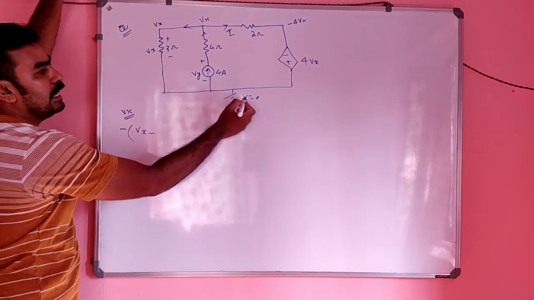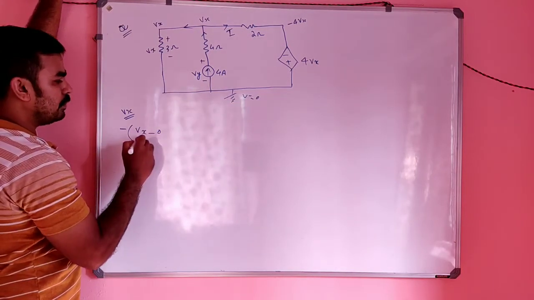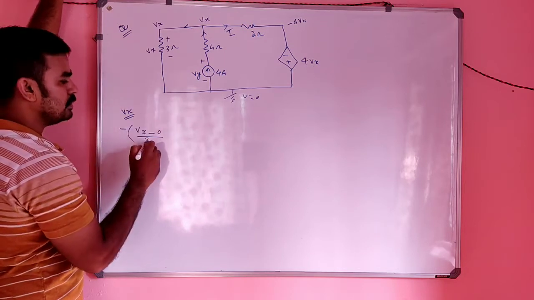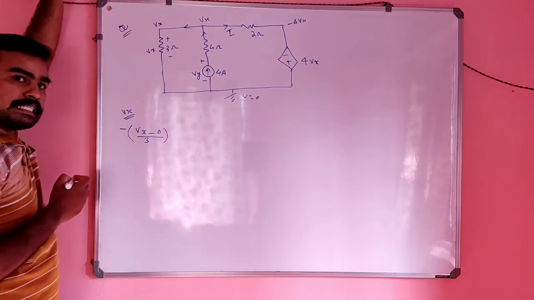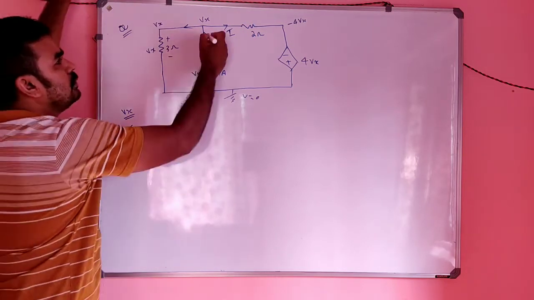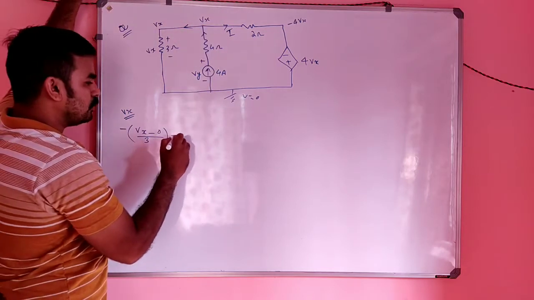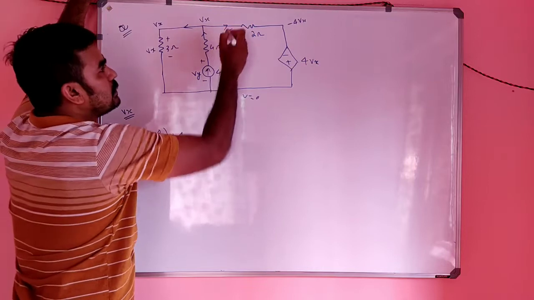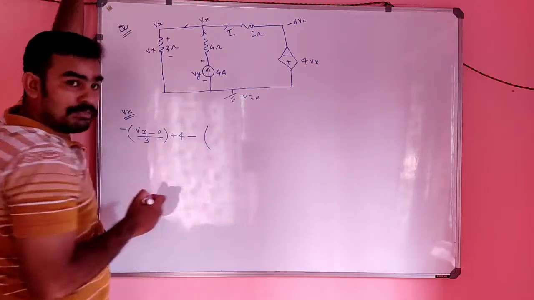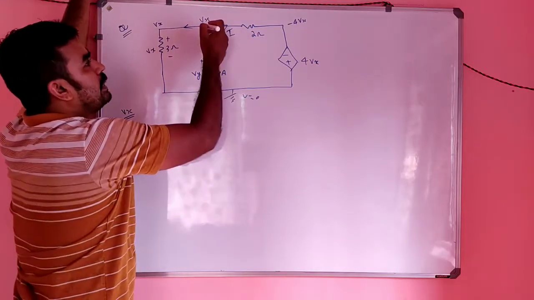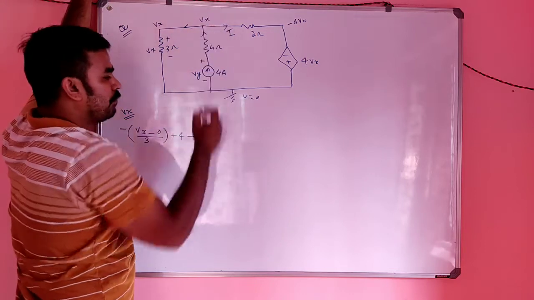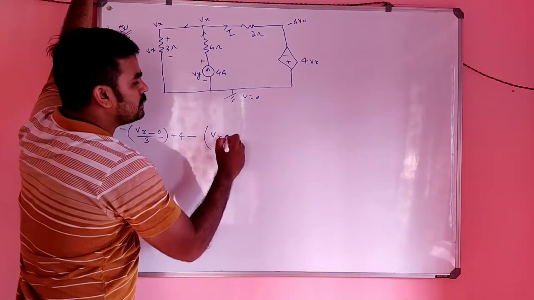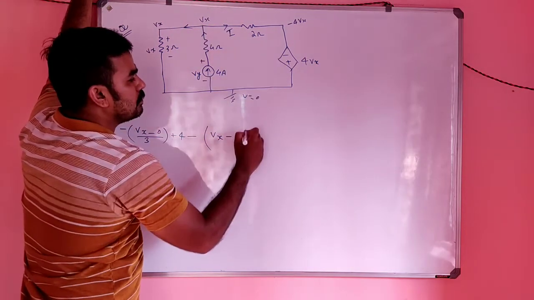So where it ends, that voltage is 0, divided by the resistance, which is 3. Is it clear? And this is the incoming current, so that will be plus 4. This is also an outgoing current, so there will be a minus sign. Where it comes from is Vx, and where it ends, minus, is minus 4Vx.